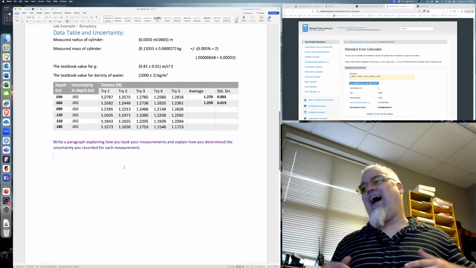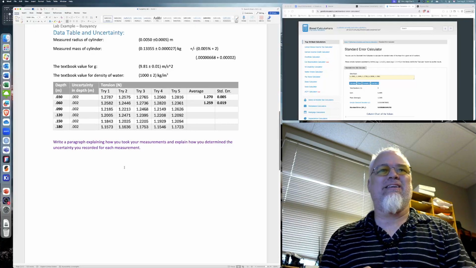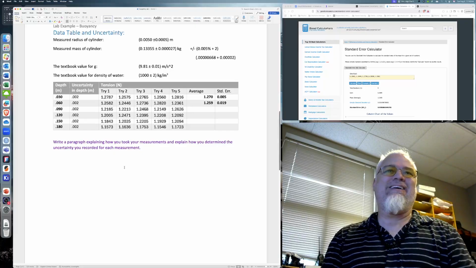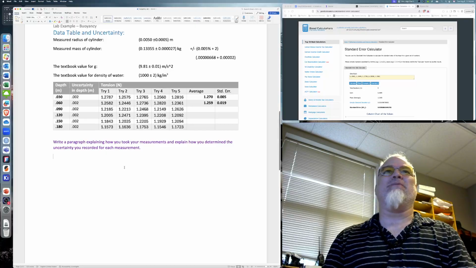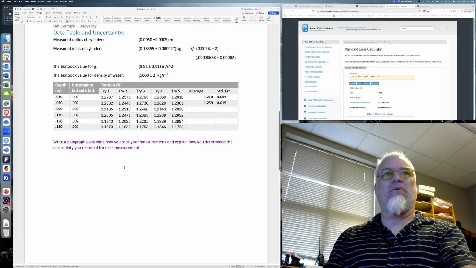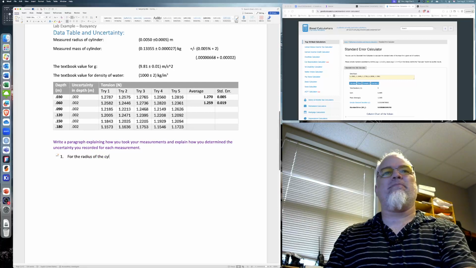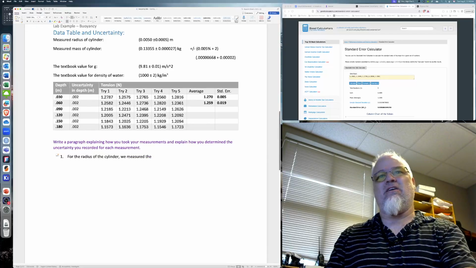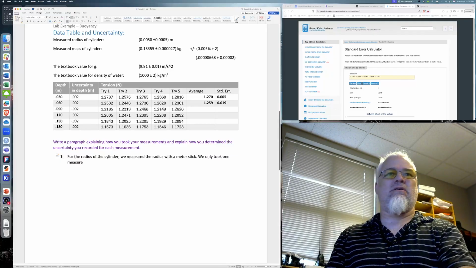Now, I've been explaining in words, but your job would now be to explain in writing how you took your measurements and how you determined the uncertainty for each measurement. So for everything I measured, 1, for the radius of the cylinder, we measured the radius with a meter stick. We only took one measurement.